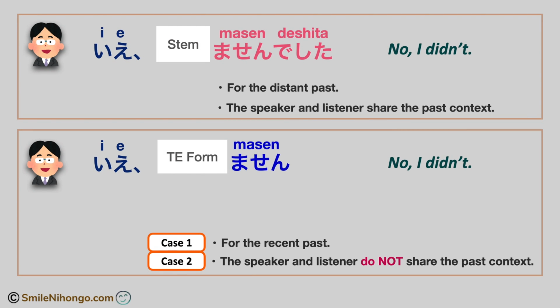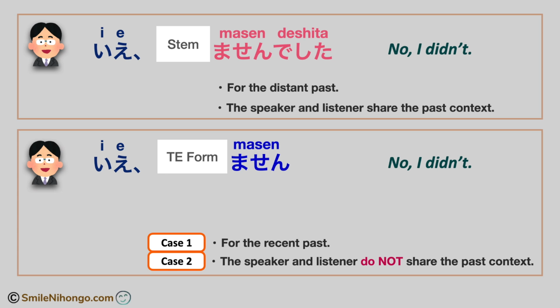Here's a summary of what we have discussed in this lesson. How to respond "No, I didn't" to a question asking you about the past. ませんでした is usually used for the distant past or when the speaker and the listener share the past context.